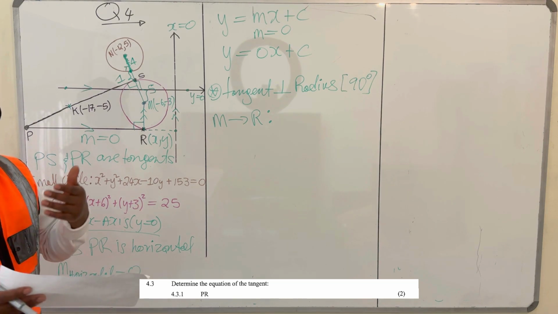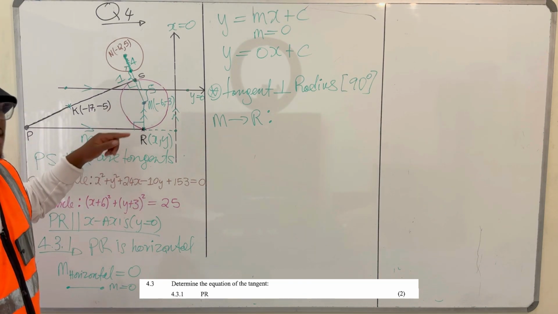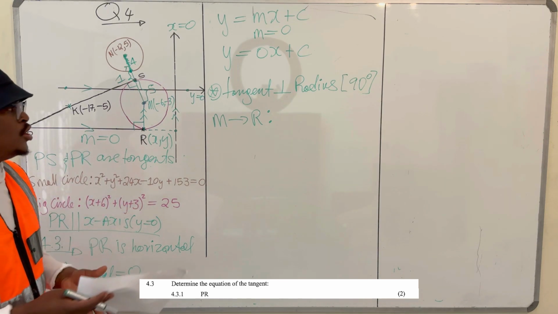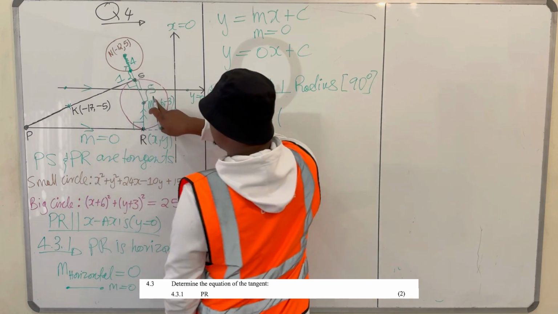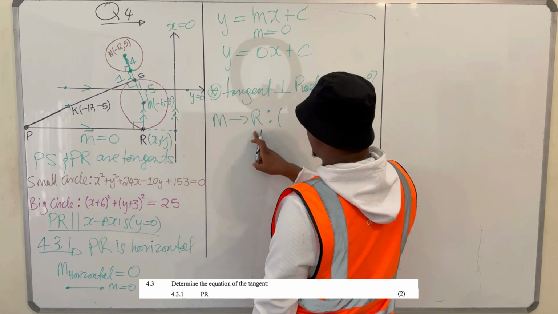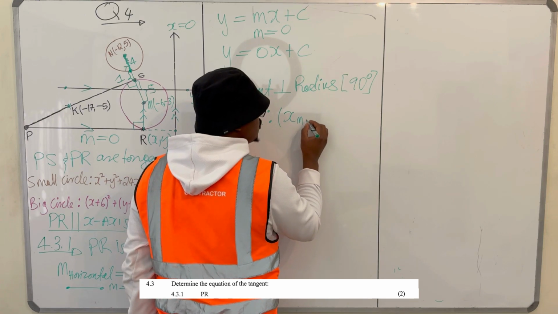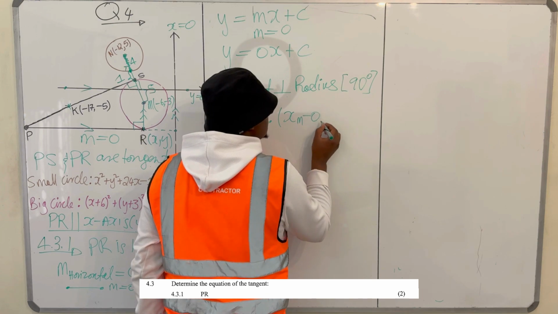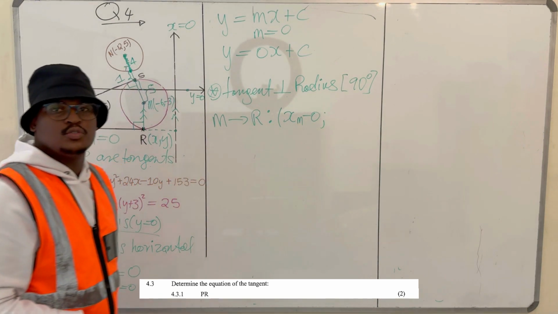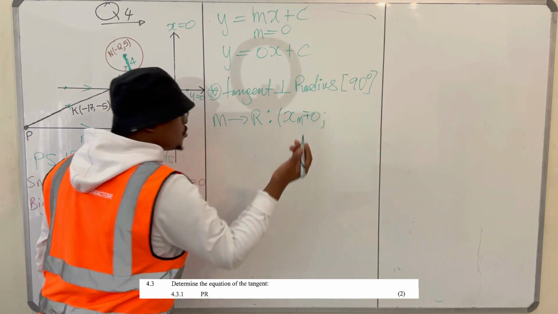It's more like you're adding 0 from there to there, because there's no change. So from M to R, the x value of M, you are adding 0 to it. Or you can say plus or minus 0, it doesn't matter.